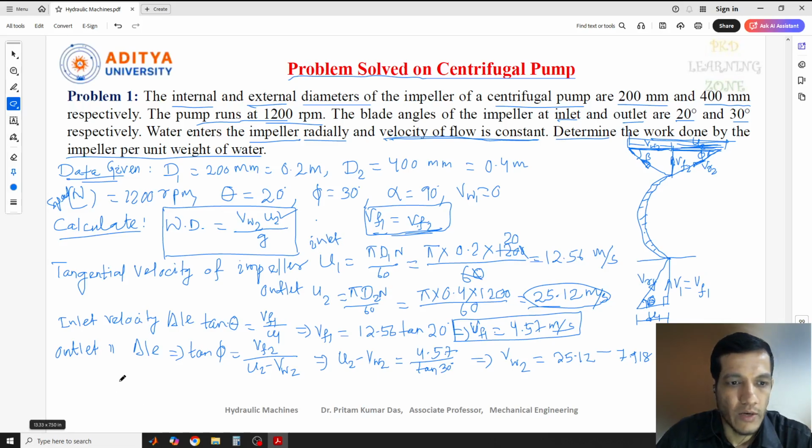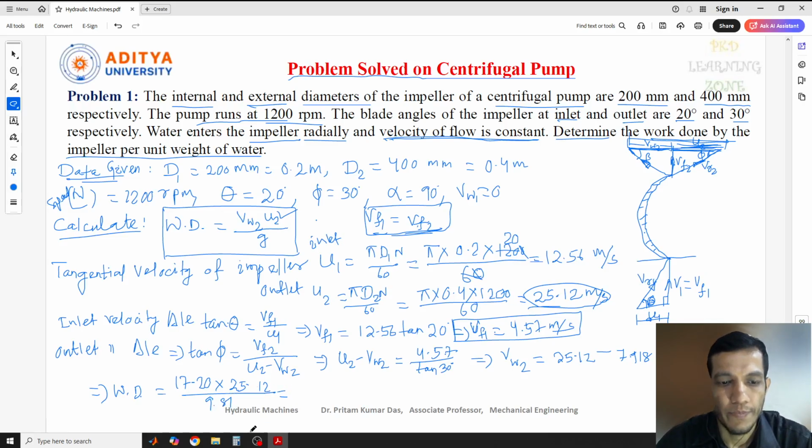So now, as per our requirement, we need to find out the work done value. Work done by the impeller per unit weight of water, that one we can write: VW2, that means 17.20, into U2, how much? 25.12, divided by g, which is nothing but 9.81. Just solve it and you will get the value of work done.